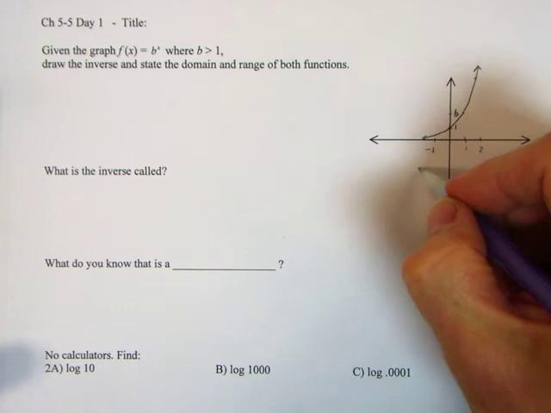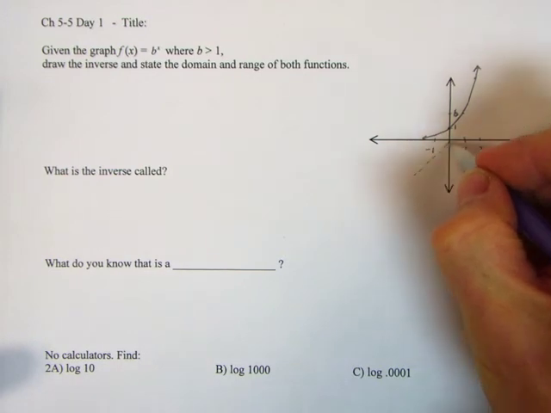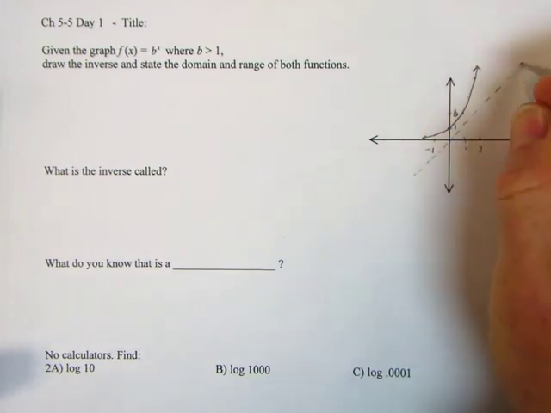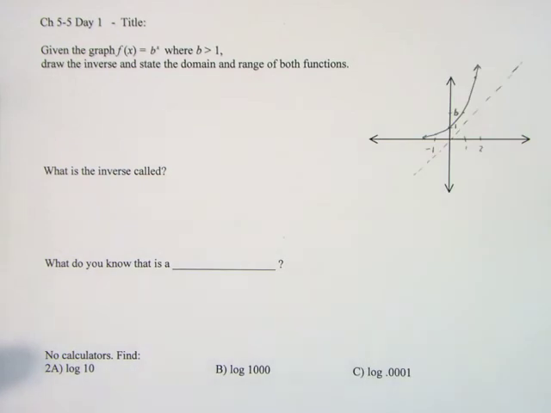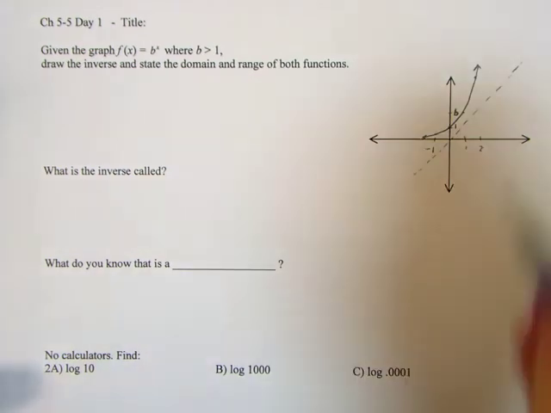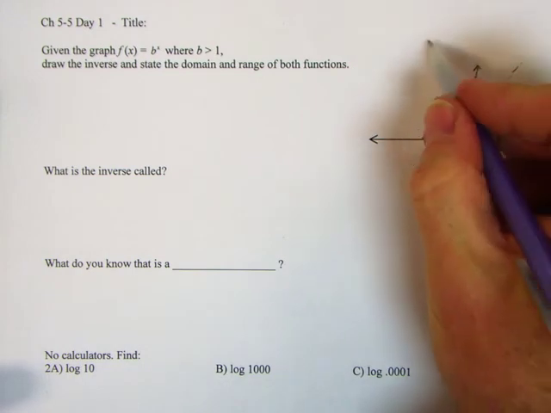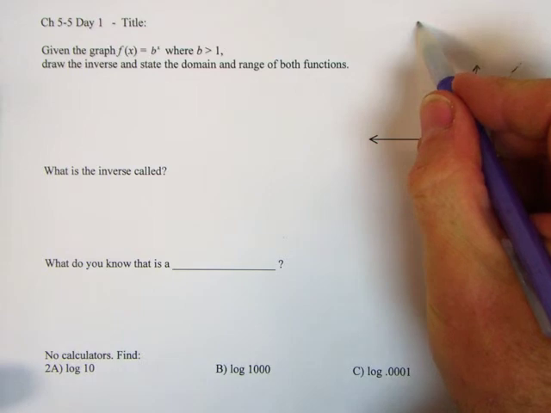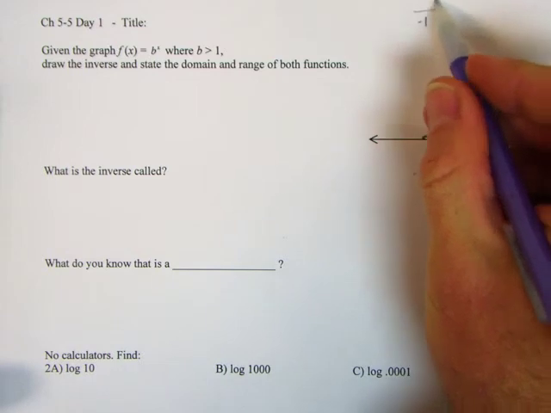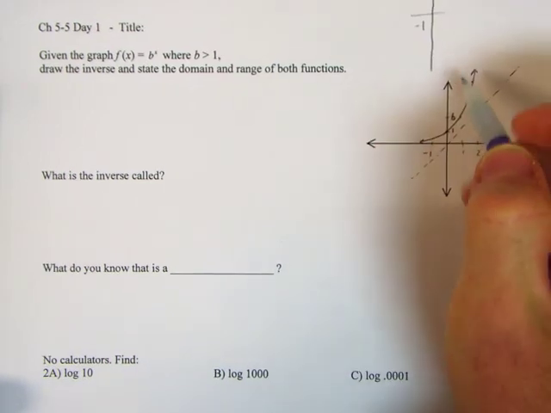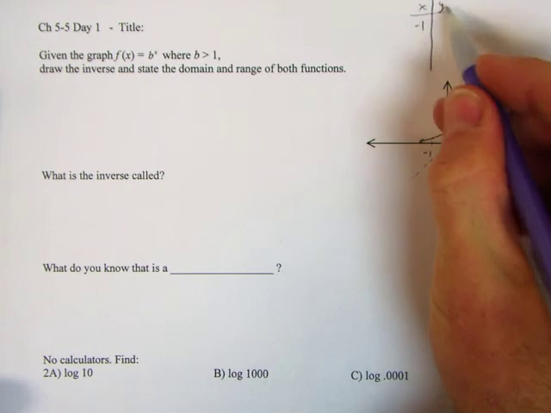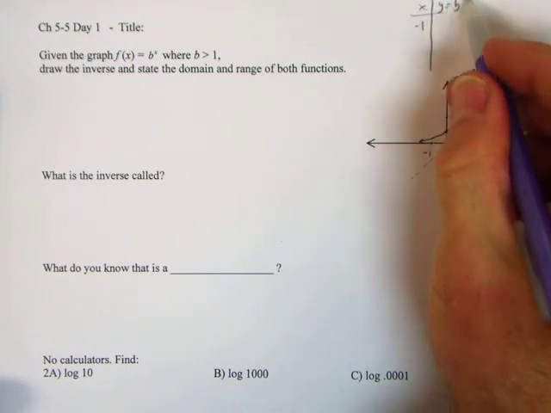Now, what's the inverse? Remember, the inverse is a reflection about y equals x. Every point that was on the graph is going to be switched. Looking at a table of values here, x, y equals b to the x.